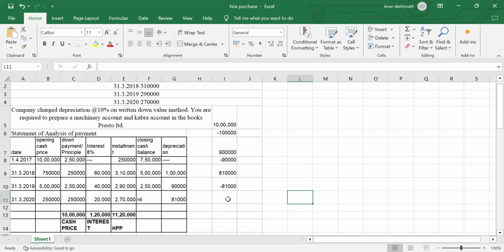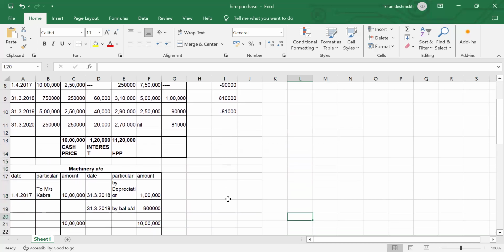Moving to the next, ahead is a machinery account. You can see here, as per the information provided in the books of hire purchaser, we have prepared machinery account. On the date of purchase, 1st of April 17, we have recorded to Messrs. Cabra account for rupees 10 lakhs, and year end we have recorded depreciation for rupees 1 lakh.